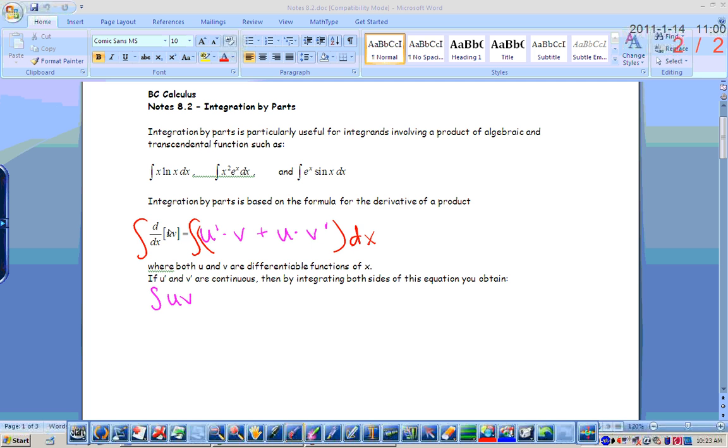If I want to integrate the derivative of uv with respect to x, I'm going to have to integrate the other side with respect to x also. When you integrate the derivative of uv, what are you going to get? Just uv. And then here, I'm going to integrate u prime v with respect to x plus, and I'm going to integrate u v prime with respect to x.